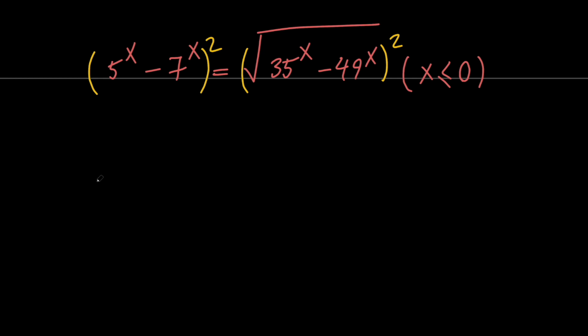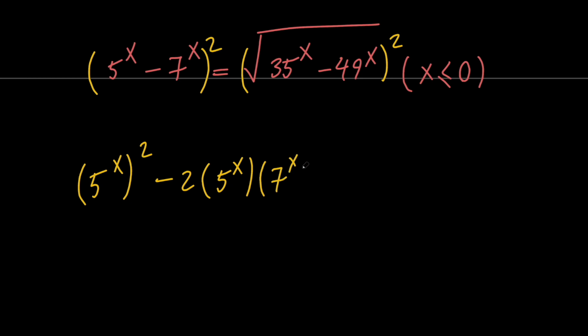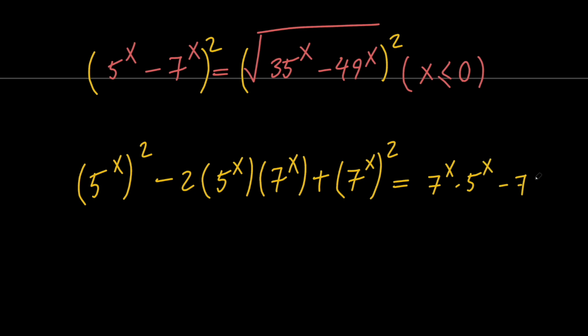So we're going to get 5 to the x squared, actually minus 2 times 5 to the x times 7 to the x plus 7 to the x squared, equals 35 to the x minus 49 to the x, which can be written as 7 to the x times 5 to the x minus 7 to the x.